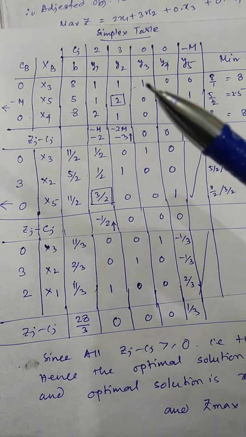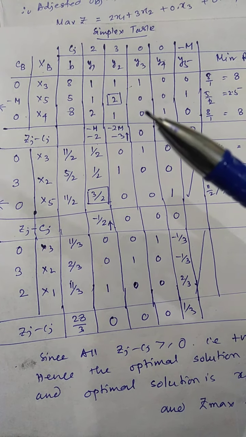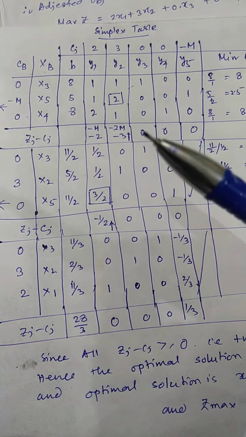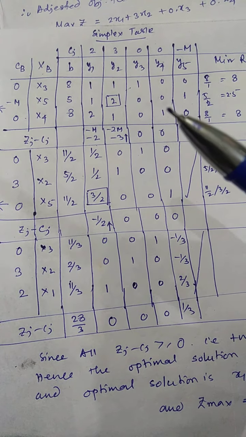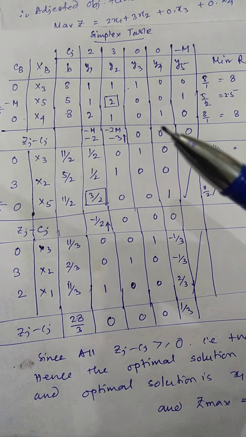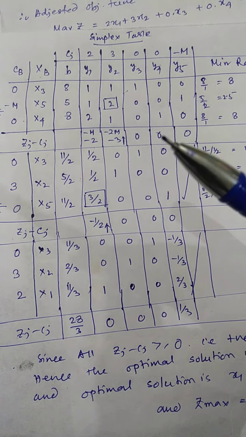Next is 0 into 1 plus minus M into 0 plus 0 into 0. Total value is 0. 0 minus 0 equals 0. Next 0 into 0 minus M into 0 plus 0 into 1. Total value is 0. So z4 minus c4 is 0.